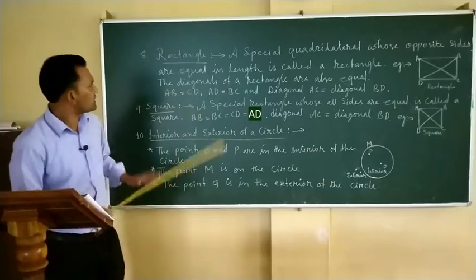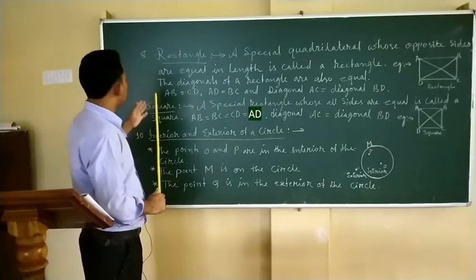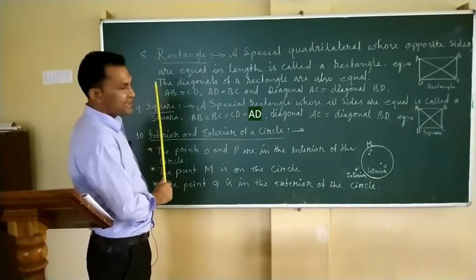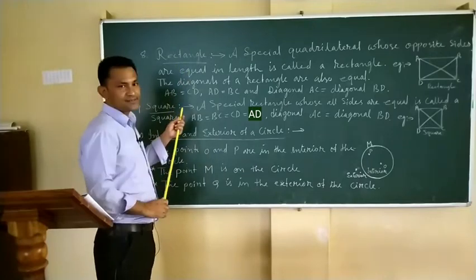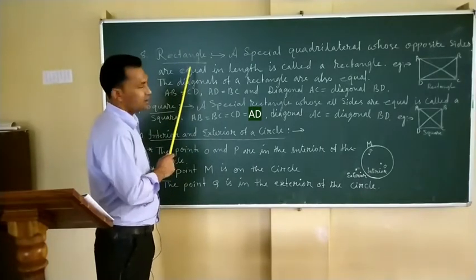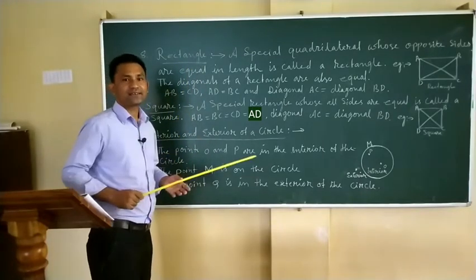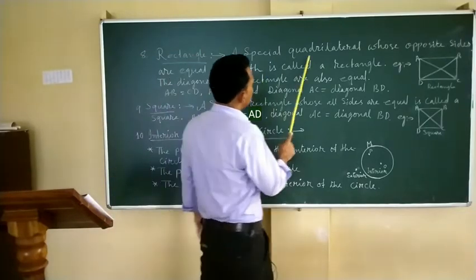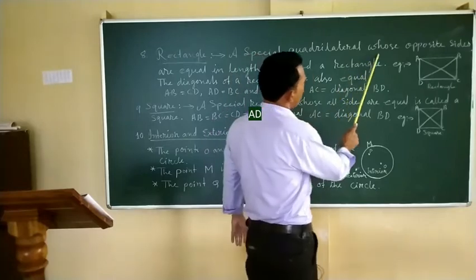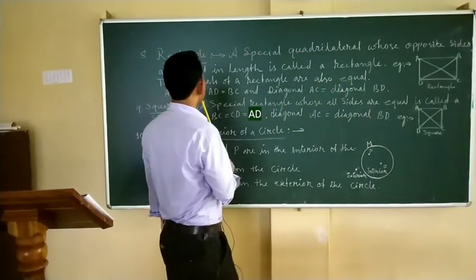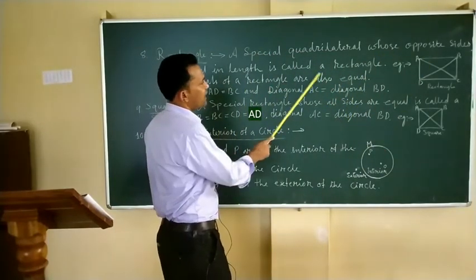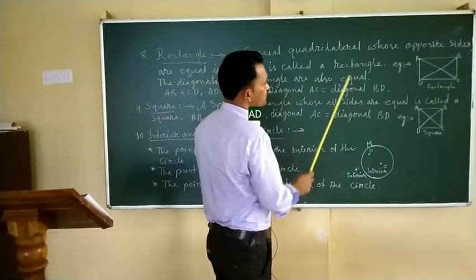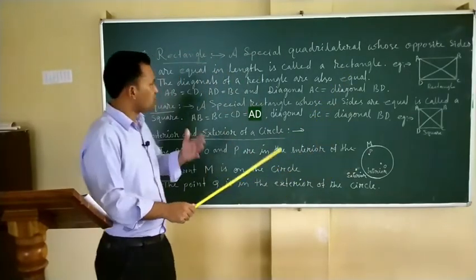Okay. So here in number 8, we'll discuss rectangle. So what is a rectangle? A special quadrilateral whose opposite sides are equal in length is called a rectangle. So let me repeat once more.